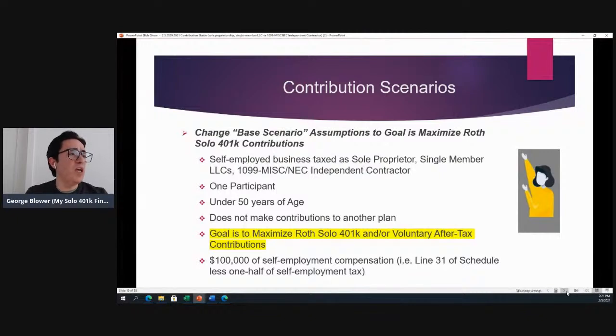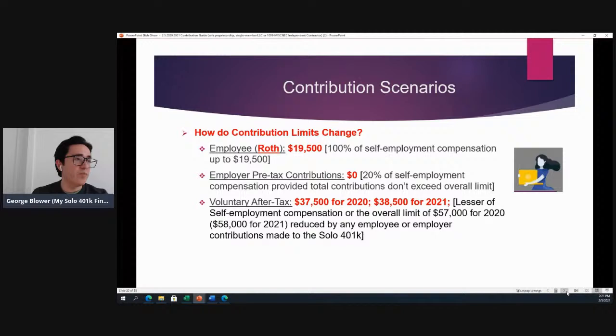Okay, now let's go back to the base, and now let's change it. The goal here is to just maximize the Roth and/or voluntary after-tax, which I think would actually be responsive to one of the questions here. In that case, they can do 100% of their self-employment compensation as an employee contribution up to $19,500. But instead of making it as a pre-tax contribution, they would make it as a Roth contribution because they're not interested in making pre-tax contributions.